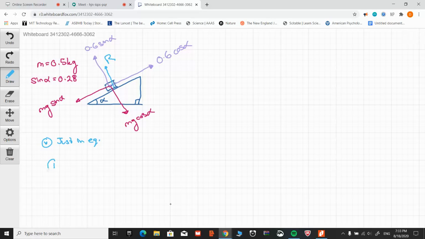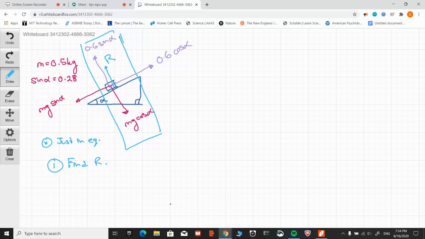Now let's answer the first question. The first question was to find the value of R. What did we say about the value of R? We said that in order to deal with R, we need to focus on the forces perpendicular to the surface.